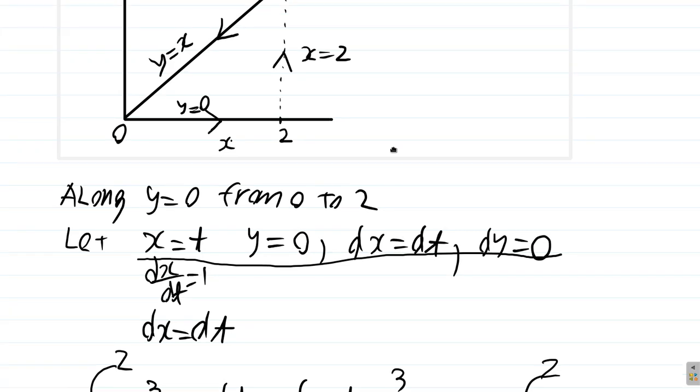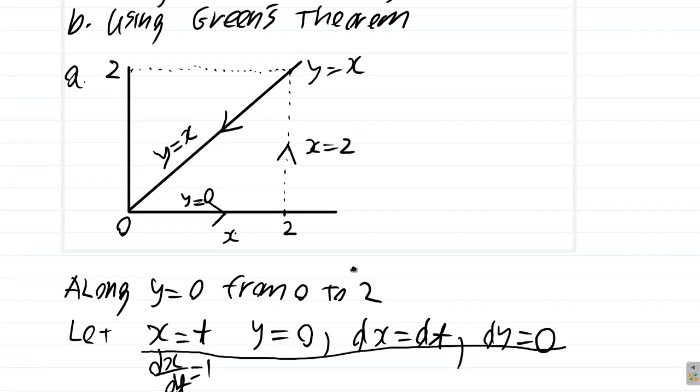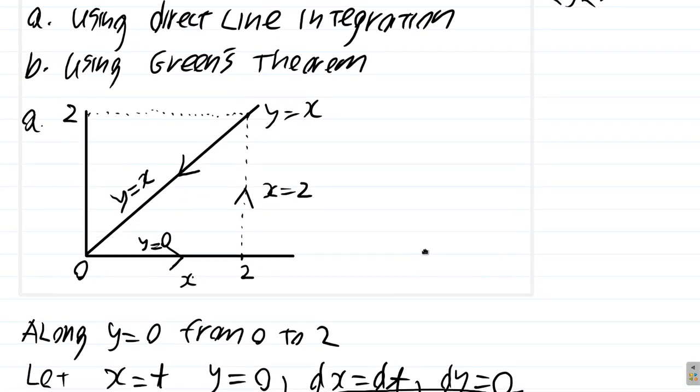8 units. Anyway, one last part of this region that we have to deal with now is along y equal x. Now notice the direction, this way. So let us see what's going to happen here.